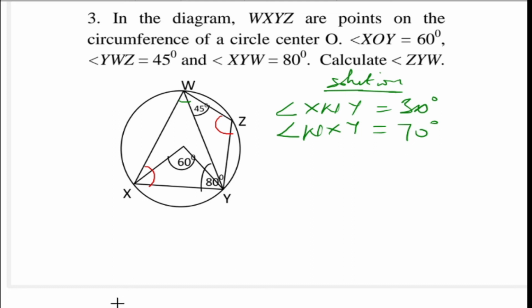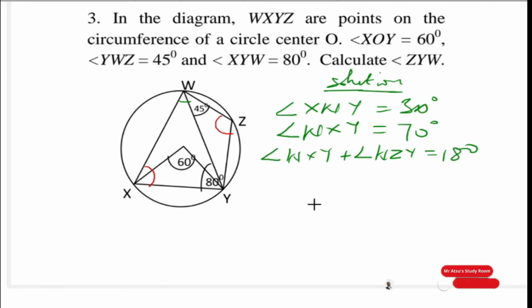So that tells us that angle WXY plus angle WZY should give us 180 degrees.